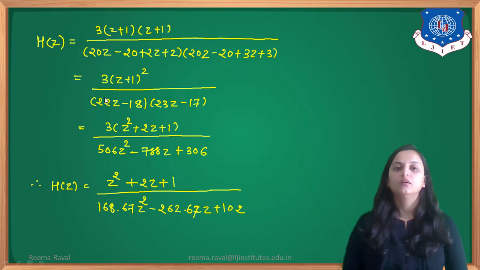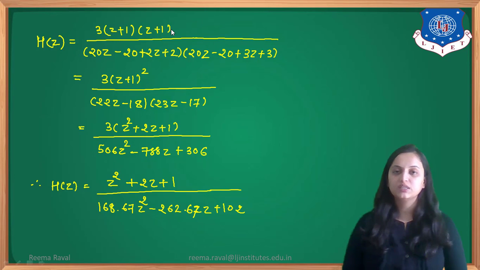Now further we can simplify this. H(z) equals 3 into (z plus 1) into (z plus 1) upon [20z minus 20 plus 2z plus 2] into [20z minus 20 plus 3z plus 3].